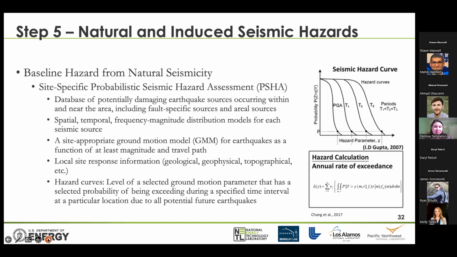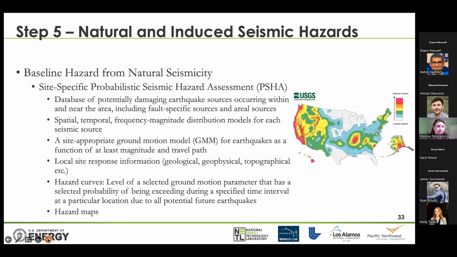This would be the level of expected ground motion, a particular parameter, that has a probability of being exceeded during a specific time interval at a particular location. What that time interval should be, we don't specifically suggest, but we do suggest that everybody be on board with that value. Hazard maps by the USGS could be one method we can start looking at for this tectonic PSHA.